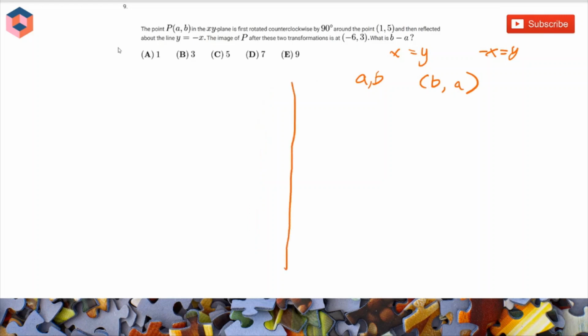So we have negative 6. Not too big to graph. So 1, 2, 3, 4, 5, 6. 1, 2, 3, 4, 5, 6. I'll just draw this in, just in case we need it later for the 1, 5 point. So we have this point, negative 6, 3.